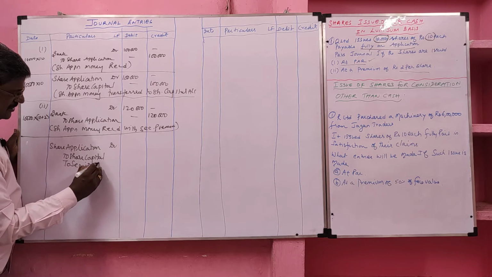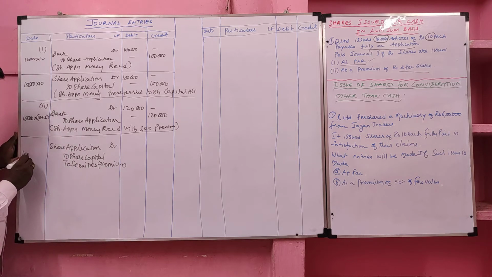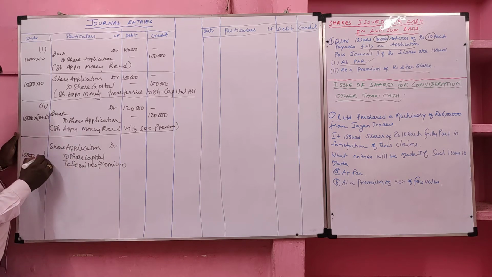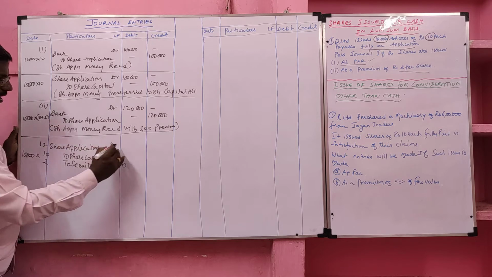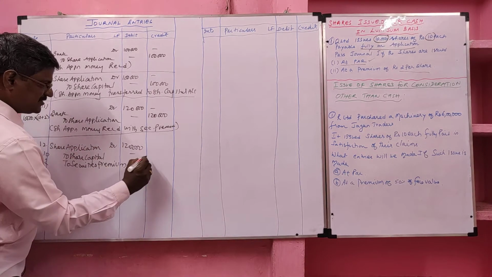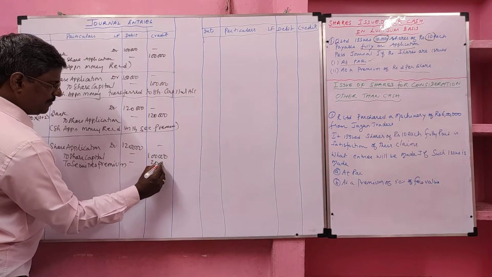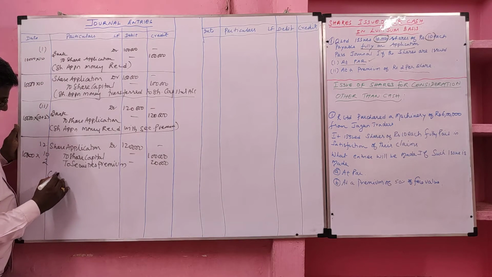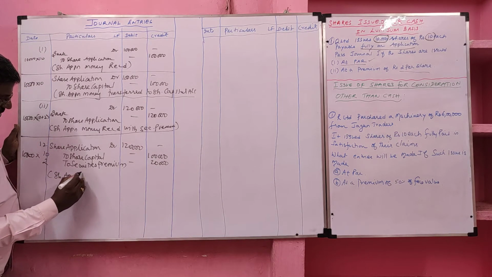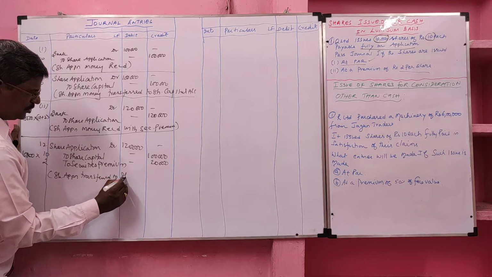How many shares is the company issuing? 10,000 shares. On share capital, how much? Against the share capital we have to write 10 rupees, securities premium 2. Total transfer 12. So 1,20,000 is divided into two parts. One is share capital. Another one is securities premium. Narration: share application transferred to share capital.